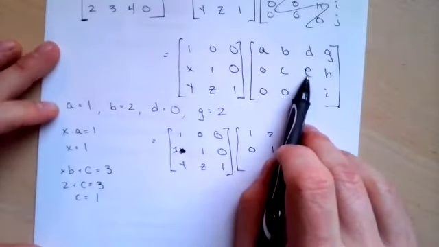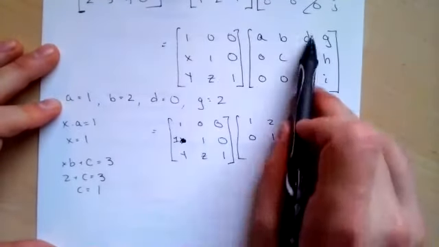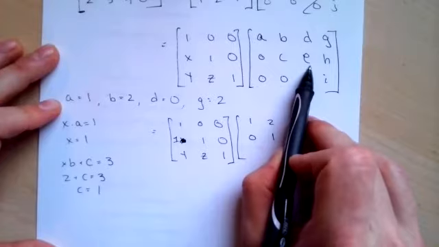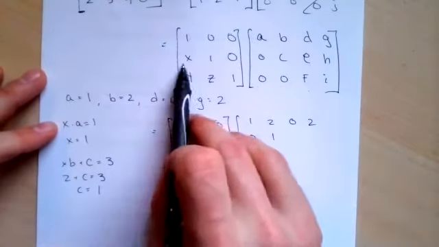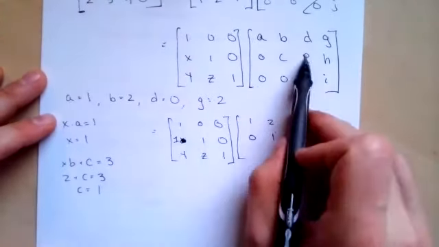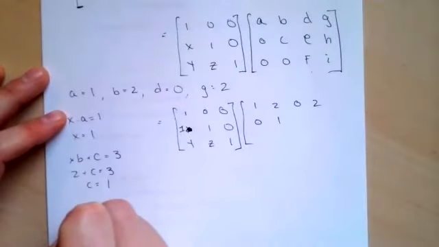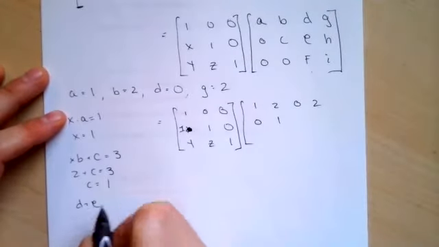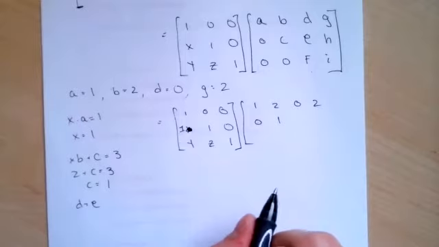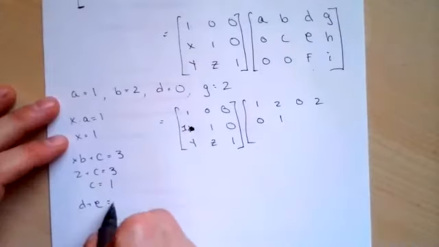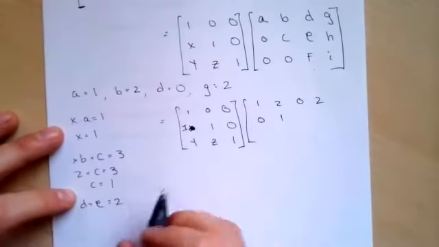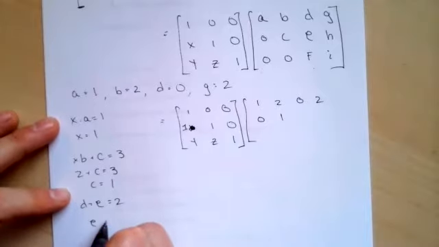Likewise for e, middle row, third column gives us d plus e is equal to 2. And our d was 0, so our e is 2.